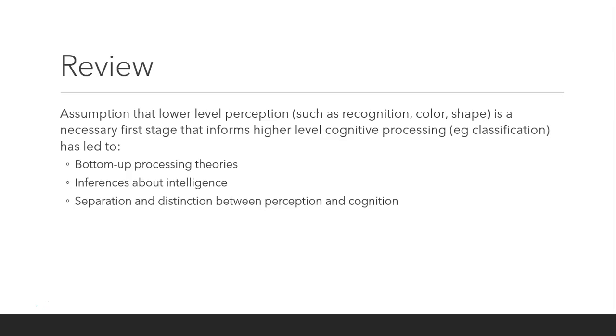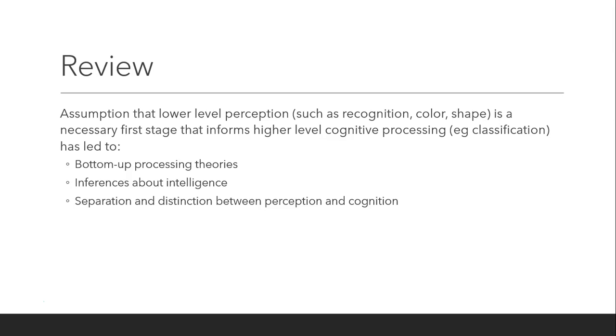The second consequence of this assumption has been the inferences about our intelligence level, and thus blinding us to other forms of knowledge, particularly visceral forms of knowing. The third conclusion has been a separation and distinction between perception and cognition, which maybe overlooks the degree to which they are related.